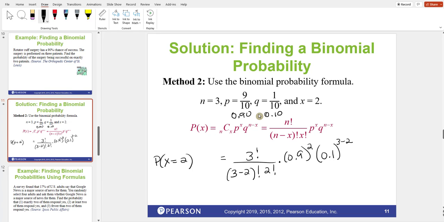Now, if you have a calculator that does factorials, you're good. You can actually do the factorials by hand because these numbers are small. And when you do this, you get an answer of 0.243. So the probability that you get exactly 2 successful surgeries will be 0.243.